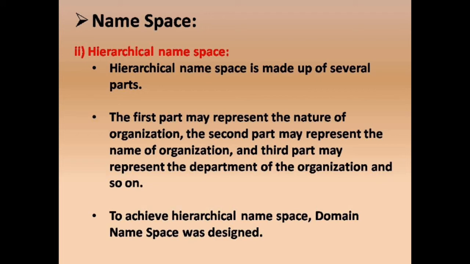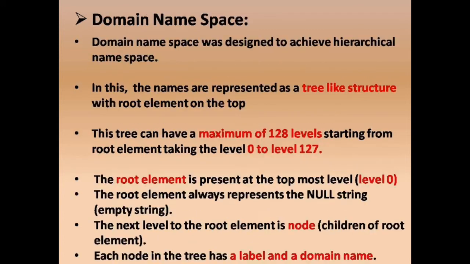And the third one represents the department name. It may be accounting, marketing, and so on. In that, various computers are located, and we will specify the computer by name or number. So hierarchical namespace is achieved through domain namespace.